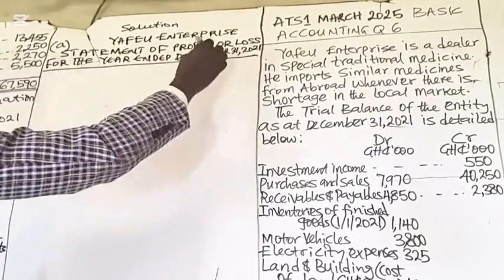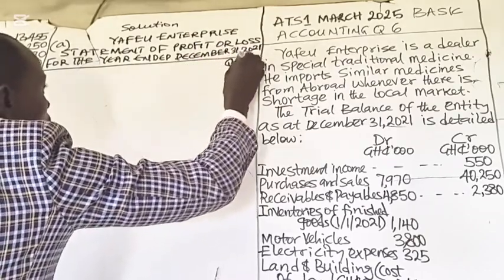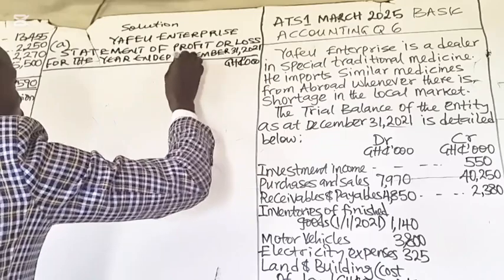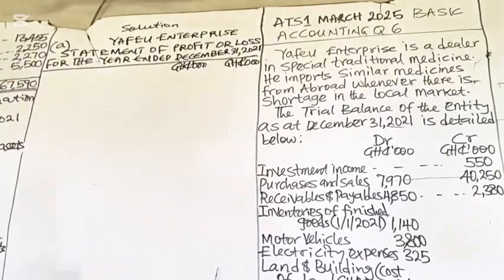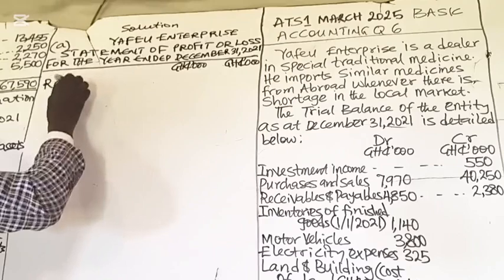And the amount is in 1,000 Ghana cedis. The first item will be revenue.